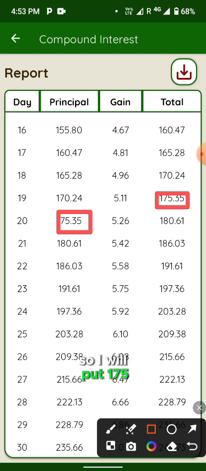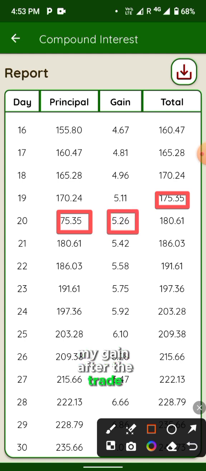So I will put $175.35 times 3%. And when I go in after my trade, my gain after the trade will be 5.26.